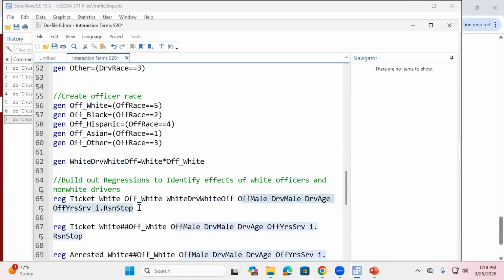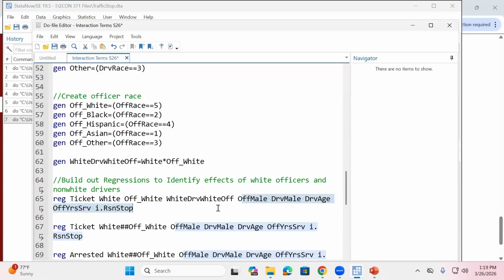And I've got a bunch of other controls. So when we do these interaction terms, we can still include as many additional controls as we want. And that makes the regression results more powerful because now these interactions are telling us, is there a difference in the way that a white officer is treating white versus non-white drivers, holding all of these other things constant. So here I've got whether or not the officer was male, the driver was male, the driver's age, the officer's years of service. Maybe those who've been in the job longer issue tickets at higher or lower rates.